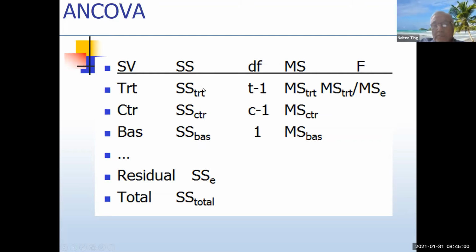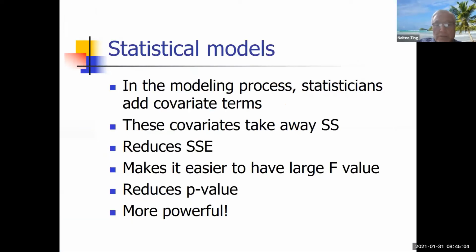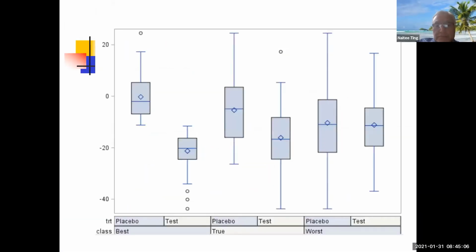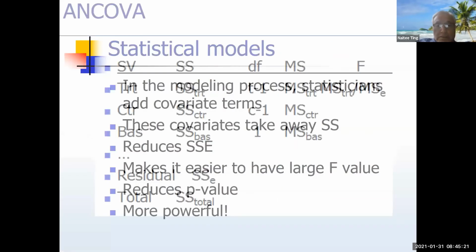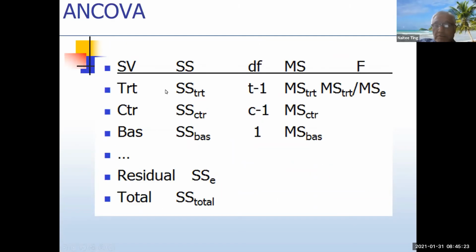It's y t bar minus y p bar, squared. That is your sum of squares for treatment.